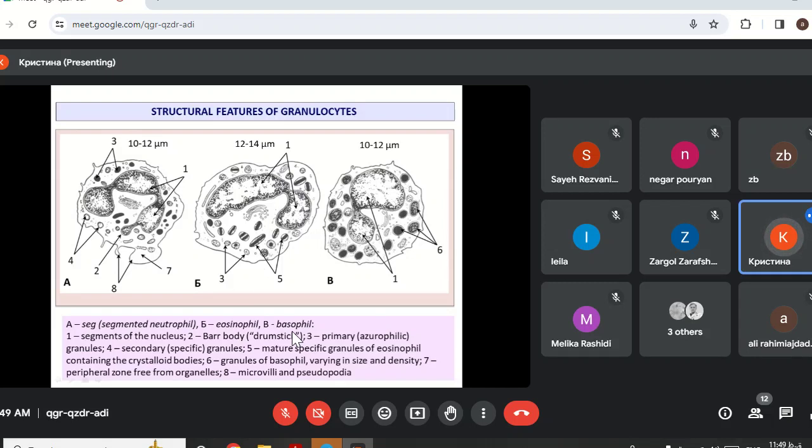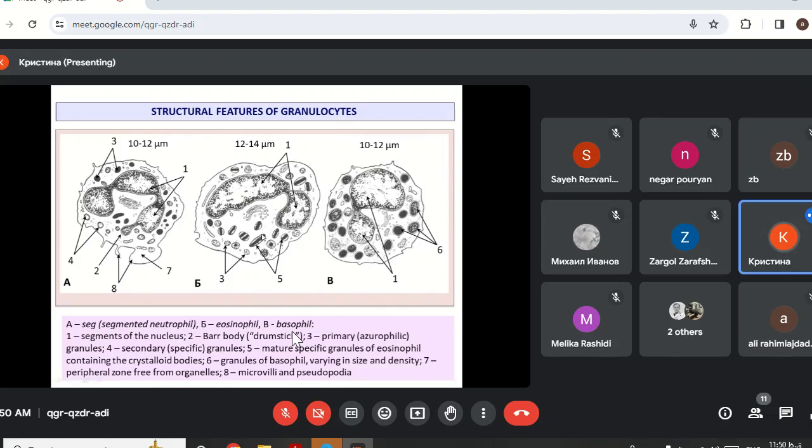Next, eosinophil. It has only 2 segments of the nucleus connected with a small bridge, and very specific granules, specifically looking. They are oval with the so-called crystalloid in the middle. It is the condensed specific proteins released by eosinophils.